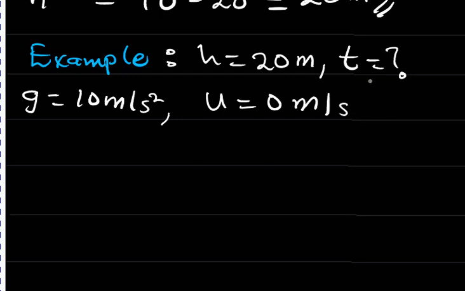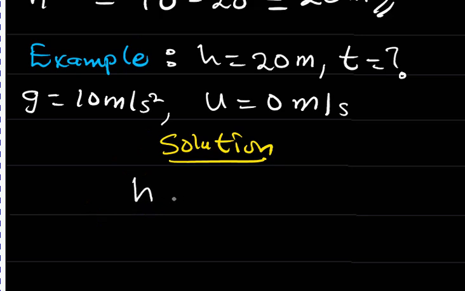Now looking at these parameters, which equation captures these four parameters? I know you agree with me that that is the second equation. So what is the second equation? h is equal to ut, then this time around plus half gt squared.